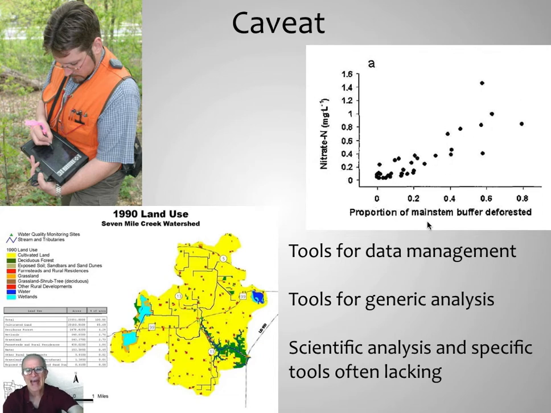So if I map the proportion of the main stem buffer that doesn't have trees for this area where these data were developed, then I can predict the water quality in streams where I haven't measured the water quality. So I get to estimate this important variable, but only because someone has gone to the work of establishing this relationship. You can do what-ifs or fanciful relationships, but they're only as good as the scientific data supporting them.